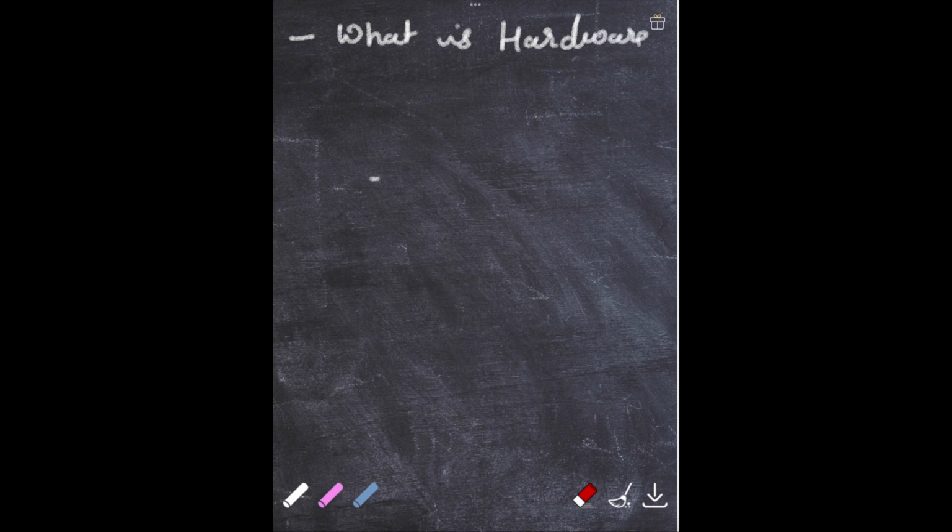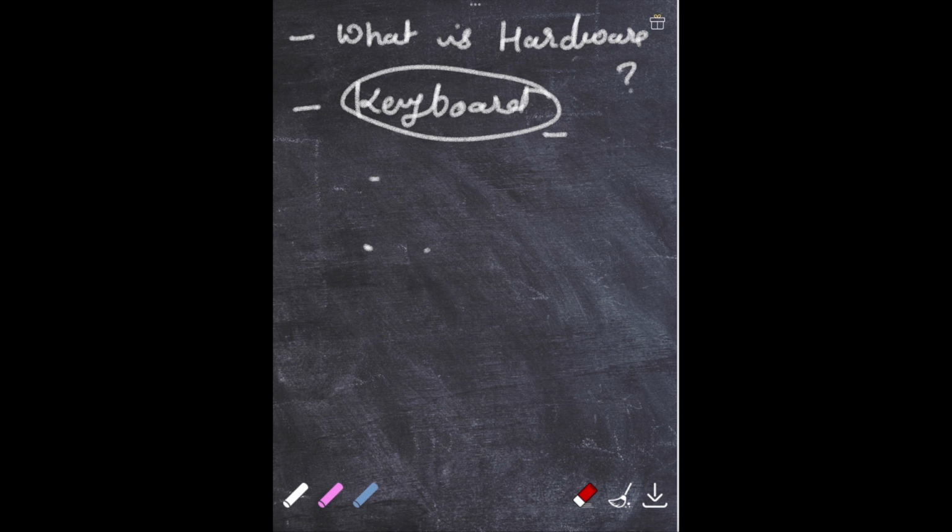what is hardware? This is a very basic question. Everybody knows what hardware is. Hardware is something we can touch, like a keyboard. We can touch the keyboard, so it is hardware. Another thing is the mouse.